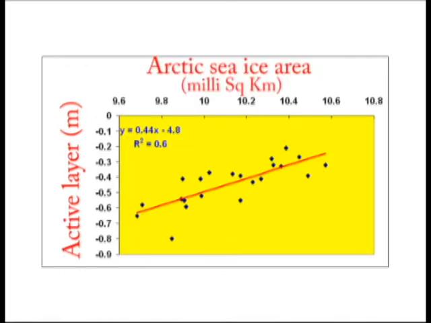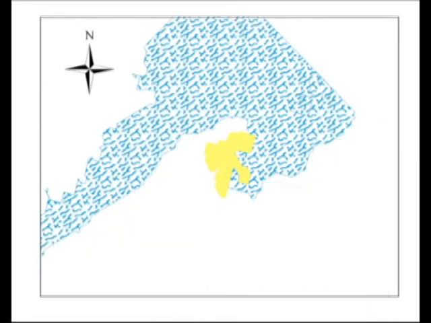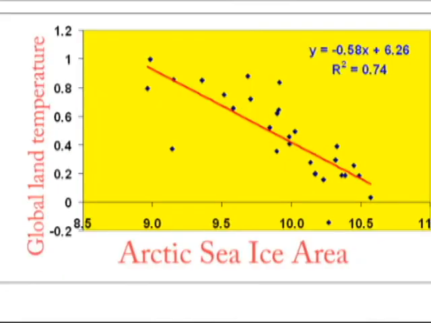Now we want to prove it. We want to prove that there is a relation between Arctic sea ice reduction and active layer thickness increase. There is an inverse correlation between Arctic sea ice area and global air temperature. The less Arctic sea ice, the higher the air temperature.